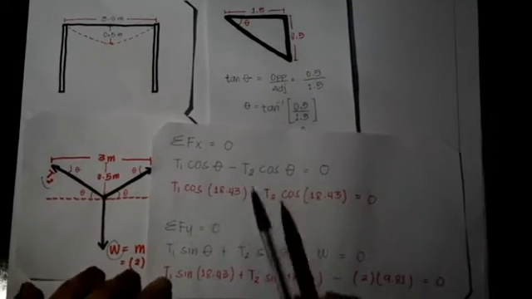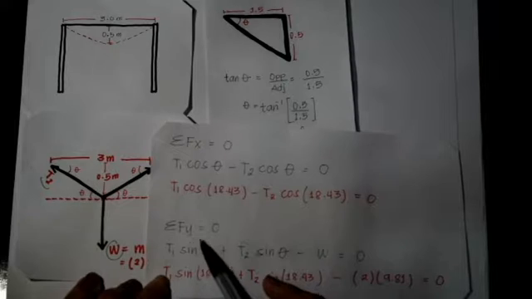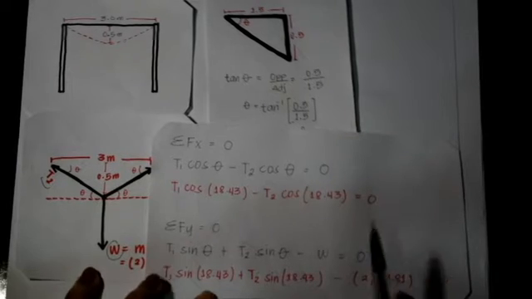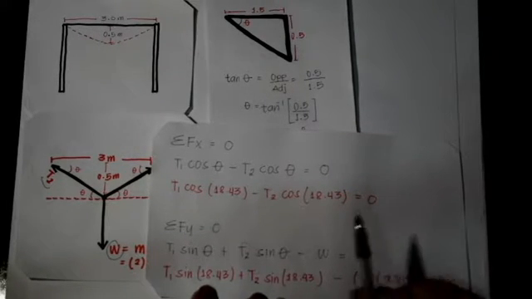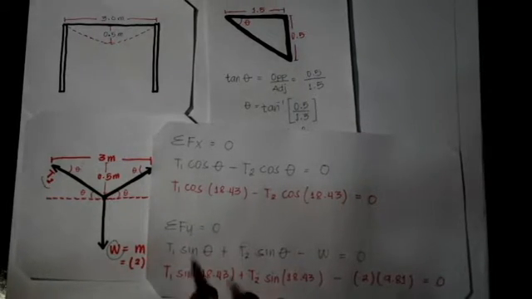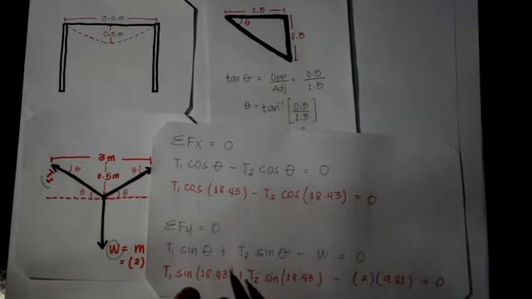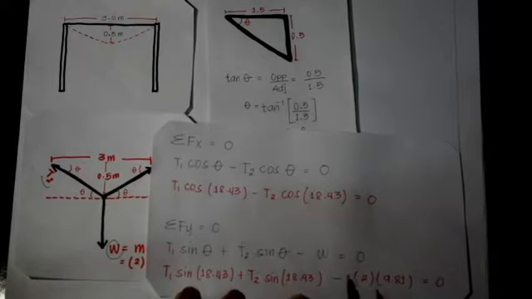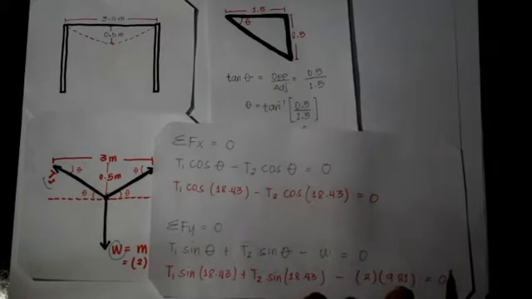On the other hand, we have the summation of Fy equal to 0, which is T1 sine theta plus T2 sine theta minus W is equal to 0. T1 sine theta times 18.43 plus T2 sine theta 18.43 minus 2 times 9.81 is equal to 0.